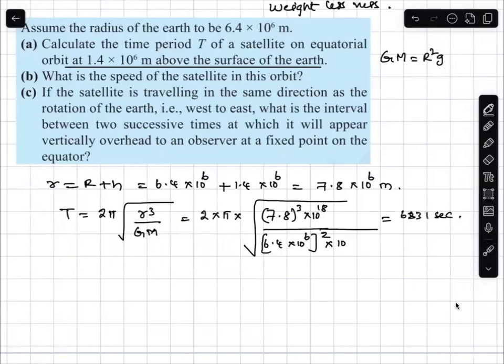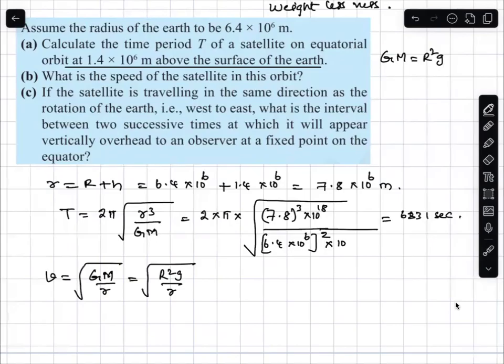What is the speed of the satellite in this orbit? Very simple. V is equal to root RG. Or okay, if you are not convinced, root GM by r. Again, my suggestion is R square g by small r.